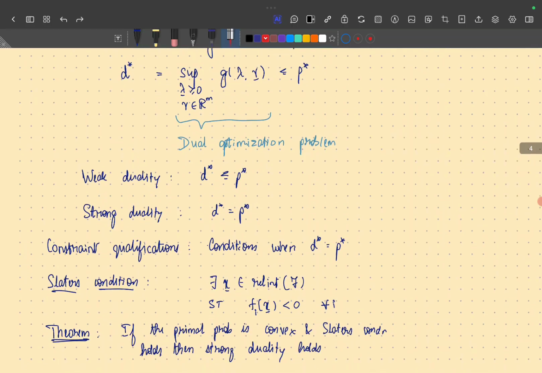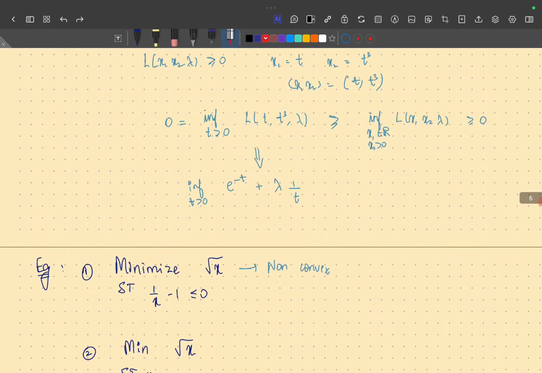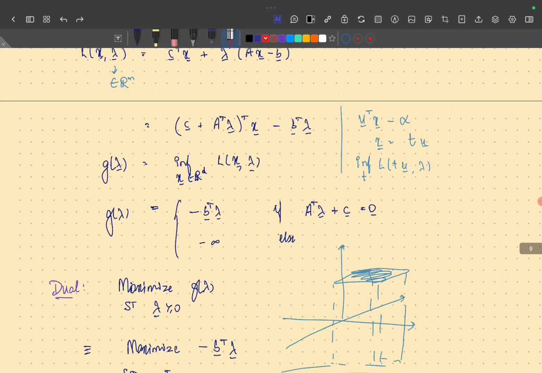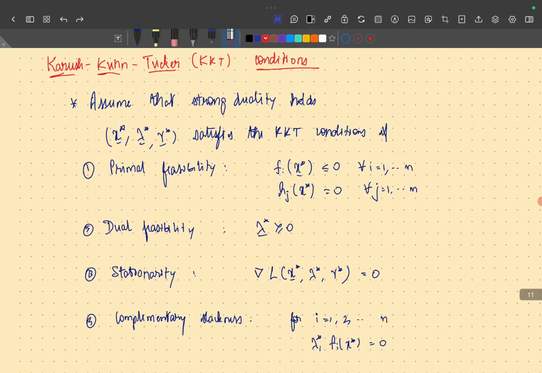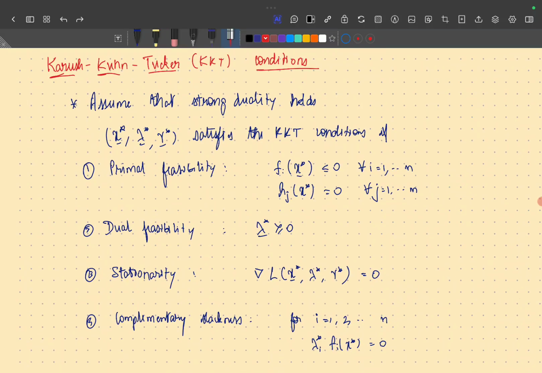All right. And towards the end of last class, I said that there is a method, sort of an algorithm, if you will, to solving not just the primal optimization problem, but also the dual optimization problem in one go.